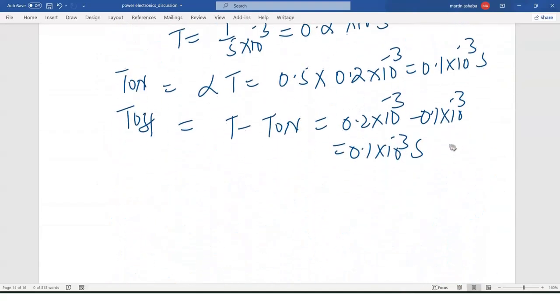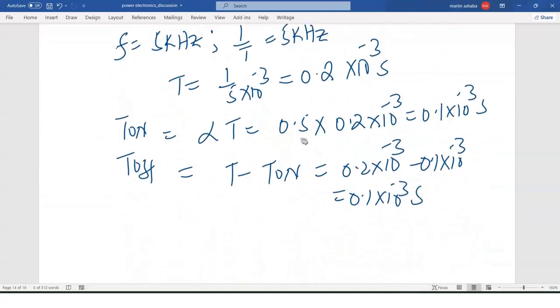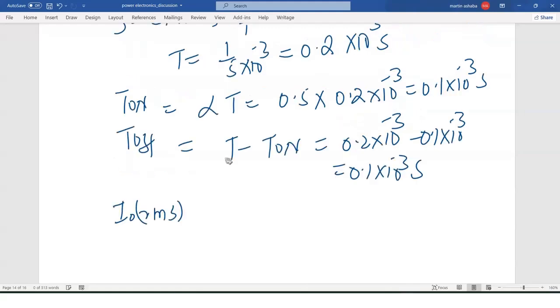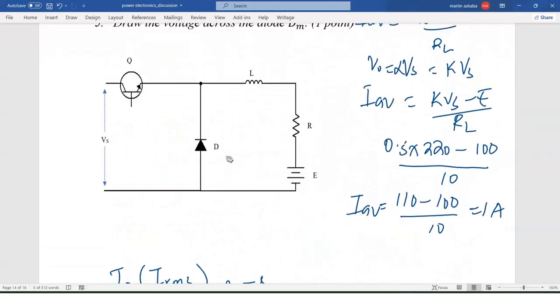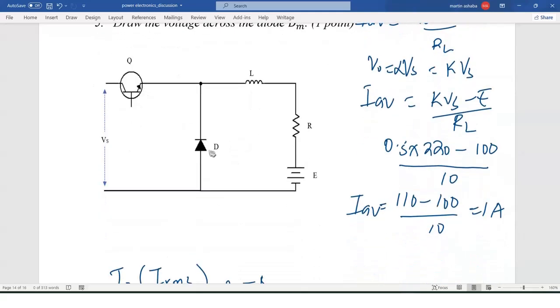So what is this going to tell us? We can get the I naught RMS. Why do we need to get the I naught RMS when the chopper is off? Because when the chopper is off, the freewheeling diode provides a path for any current that was flowing by the time the chopper was put off.